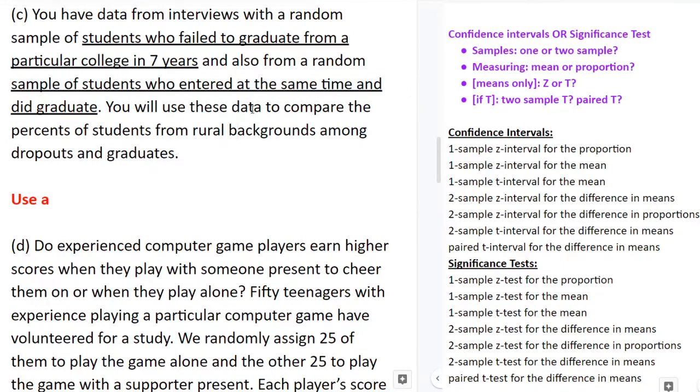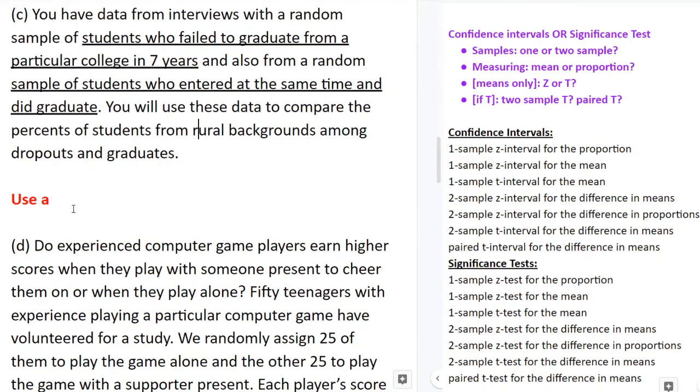So you're going to use these data to compare percents of students from rural backgrounds among dropouts and graduates. So because you are comparing percents, first of all, you know it's a proportions test. You are, it looks like, looking for differences between those because you want to know if there's a difference between those with dropouts and graduates from a rural background.